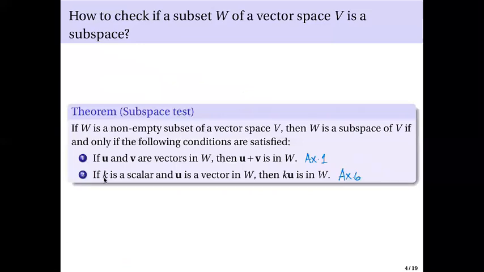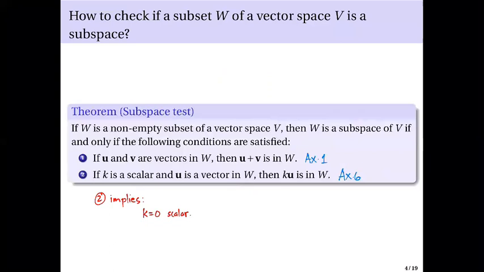Look at this statement number 2. If K is a scalar and U is a vector in W, then KU is in W. Statement 2 implies the following. Let K be equal to the 0 scalar. What is KU?